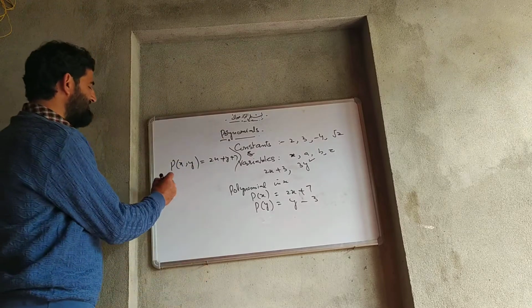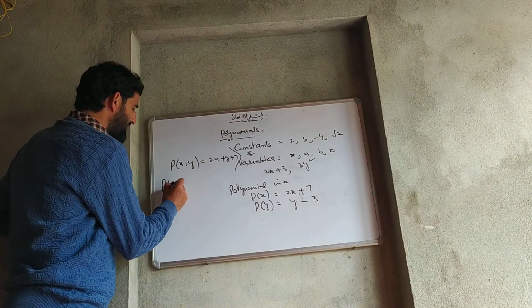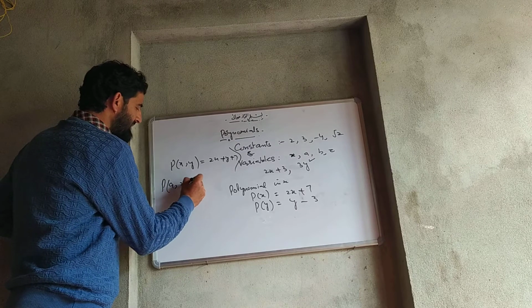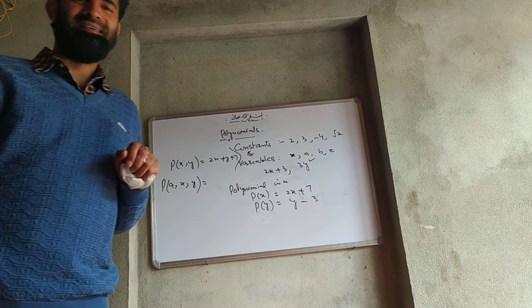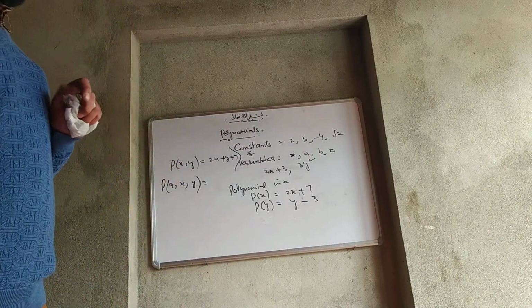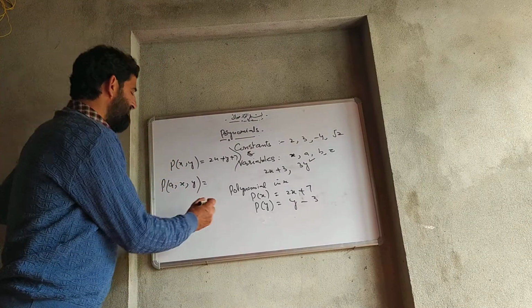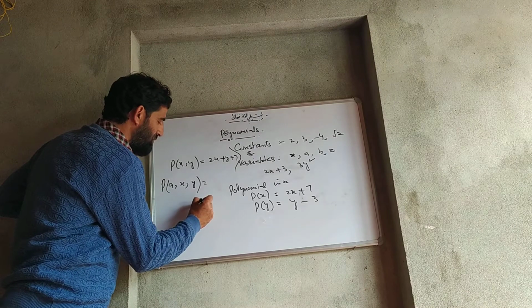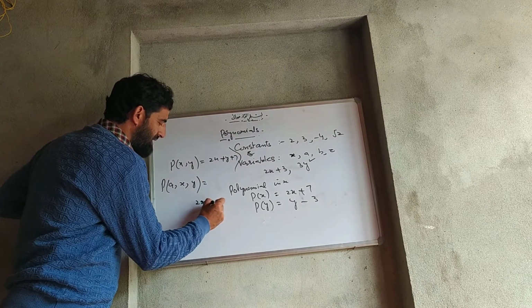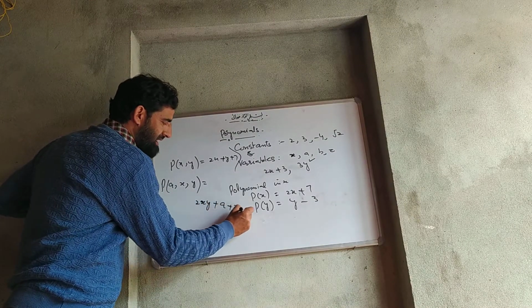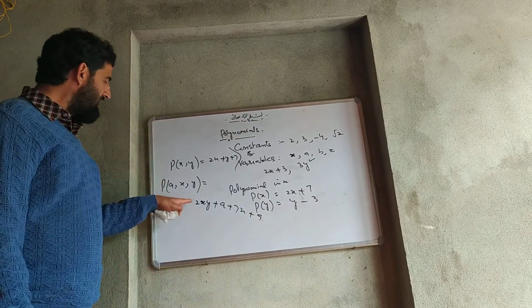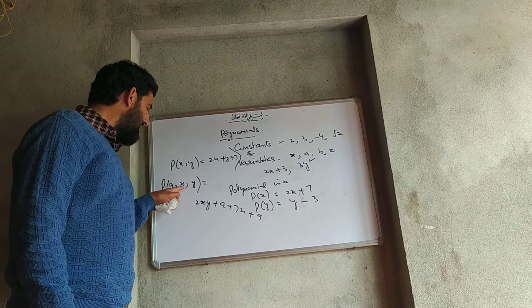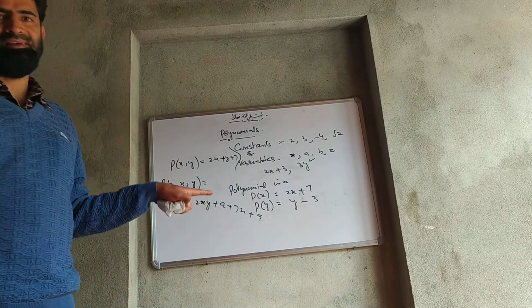And if it is p of a, x, y, this is a polynomial in three variables, a, x and y. We may write this as 2xy plus a plus 7x plus 9 or something else. But only these three variables, a, x and y, there is no fourth variable.